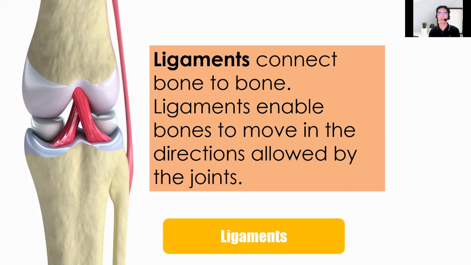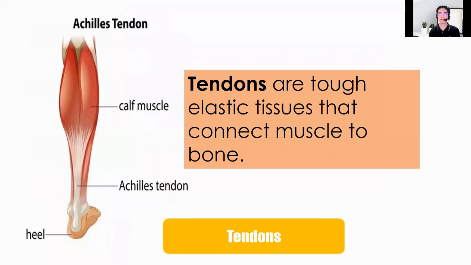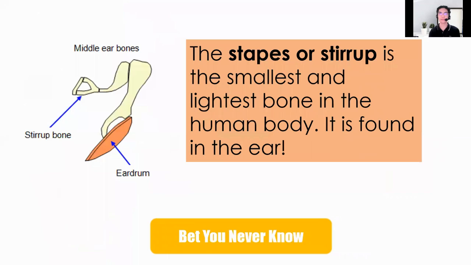Ligaments enable bones to move in the directions allowed by the joints. Tendons. Tendons are tough elastic tissues that connect muscles to bones. The stapes or stirrup is the smallest and lightest bone in the human body. It is found in the ear.